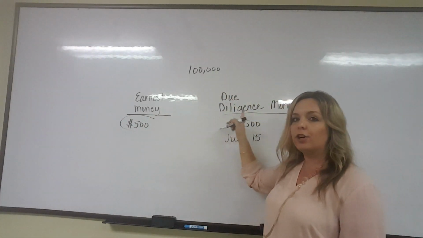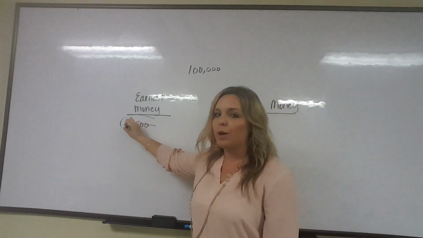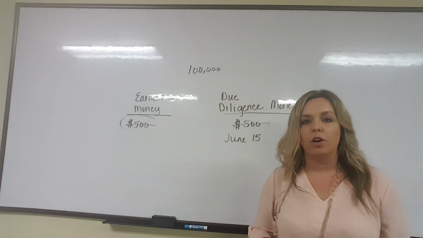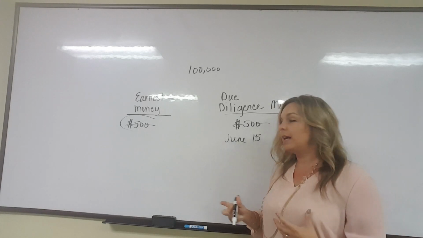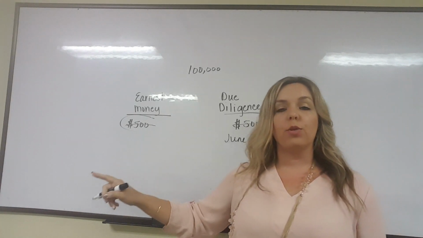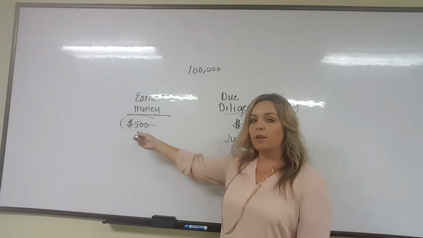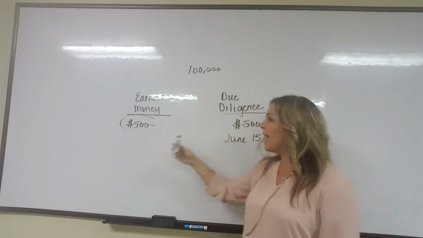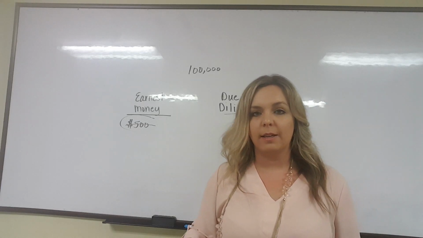If it's after June 15th, then they are going to lose both due diligence and earnest money. So if the buyer wants to get out, it has to happen before this date. If the buyer decides to go through with the property and they end up closing, then the buyer gets the earnest money back and the due diligence money back, credited to them at closing.